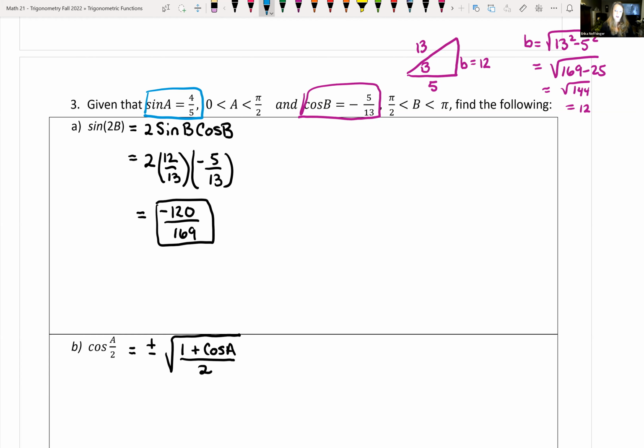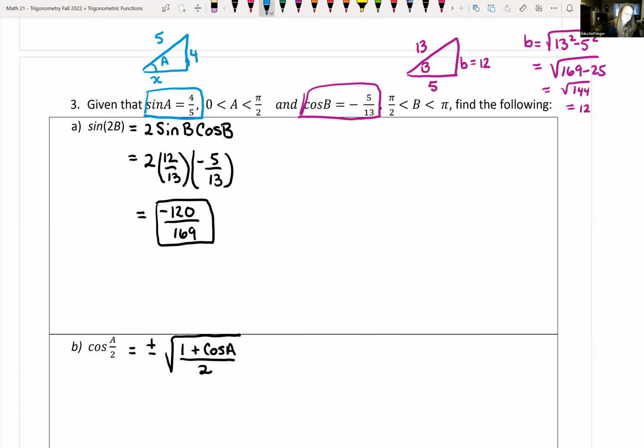So again, we want to create our triangle. These are not to scale when I make my triangles. Sine is opposite, which is 4, opposite of angle A, and my hypotenuse is 5. So I'm trying to find what this side is here.